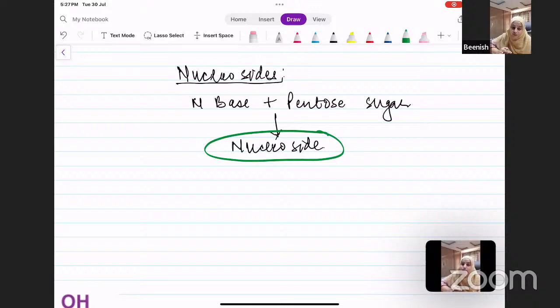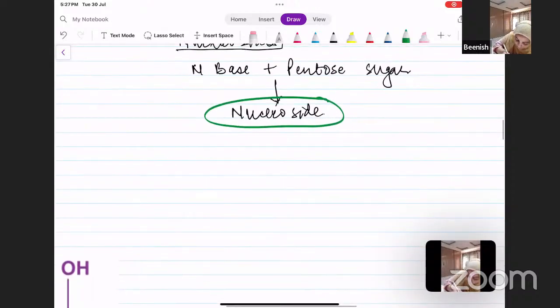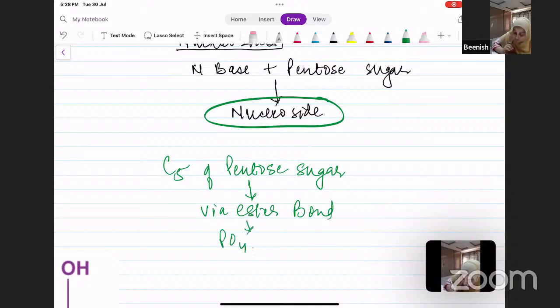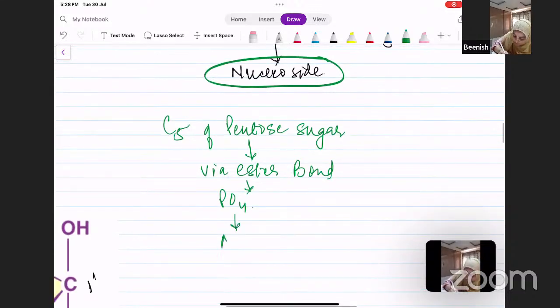At carbon 5 of the pentose sugar, a phosphate group is attached via an ester bond to form a nucleotide.